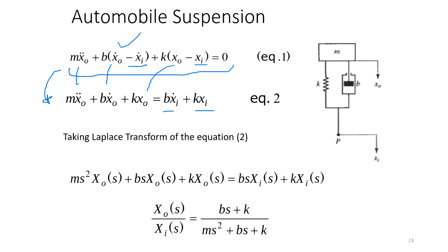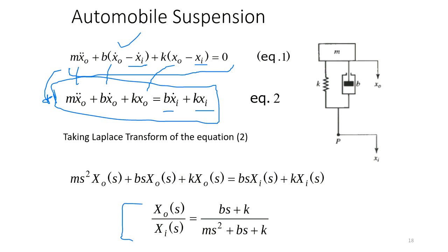So once you get this equation, take the Laplace transform, assuming 0 initial conditions, and then our output over the input. So in your car, the input usually is when you get a pothole or a disturbance at the tire. Now this will make the body of the car to move, right?